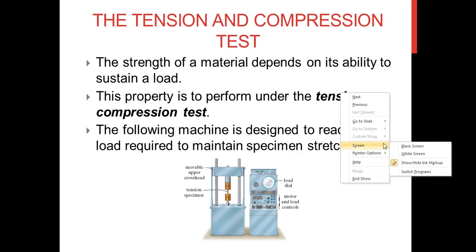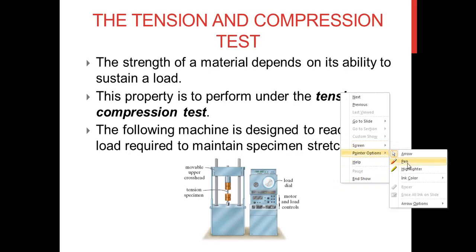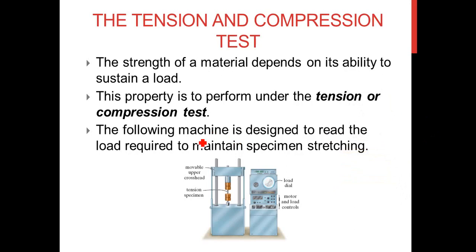Alright, now let's look at what the tension and compression test is. It is an important test. As an engineer, you have to know how to perform this test and what properties and values we can obtain from it.